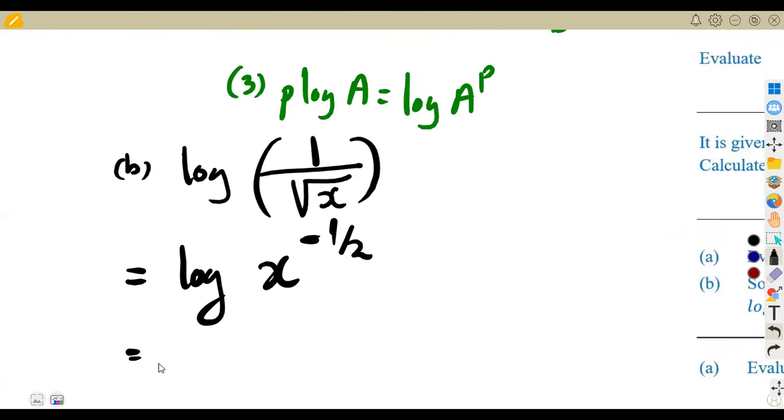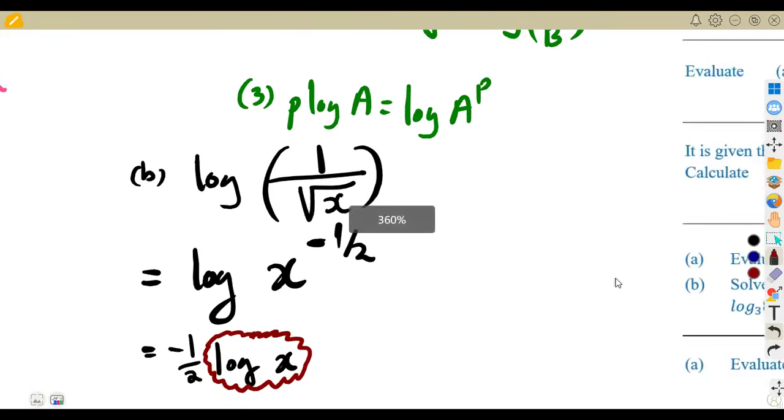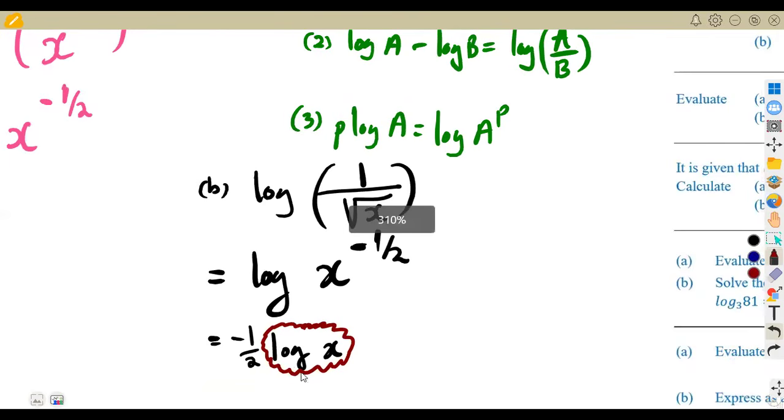So it means -1/2 was multiplying the log of x. This is the part where we want the log of x to be seen as a single log.